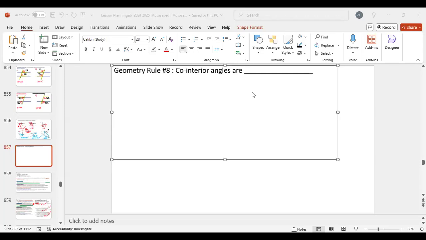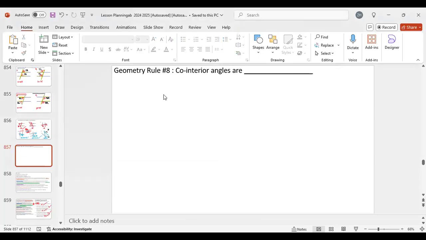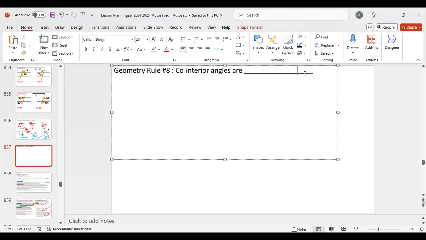Okay, so actually co-interior angles are supplementary. What does that mean? They add up to 180 degrees. So co-interior angles are actually supplementary angles.